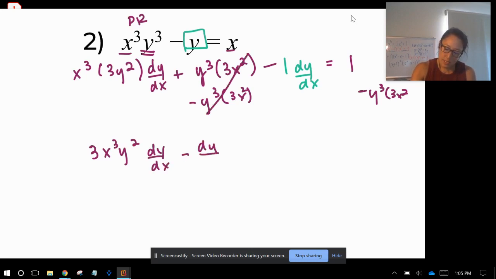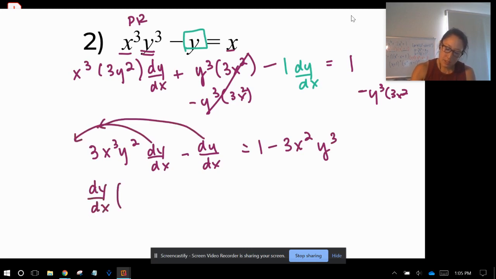Minus dy/dx is equal to 1 minus 3x squared y cubed. Now we're going to factor out the dy/dx, which is going to give me 3x cubed y squared minus 1 is equal to 1 minus 3x squared y cubed.